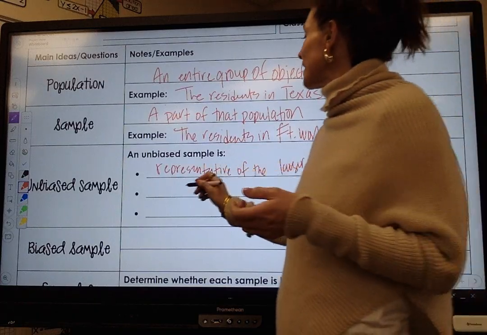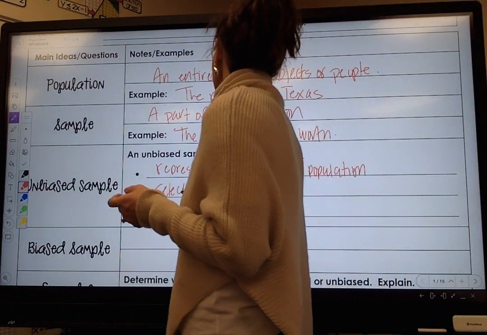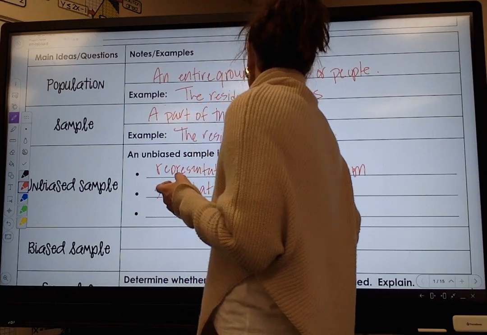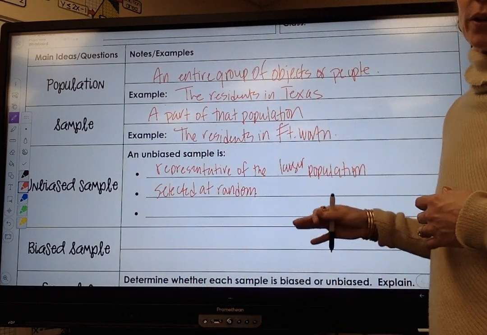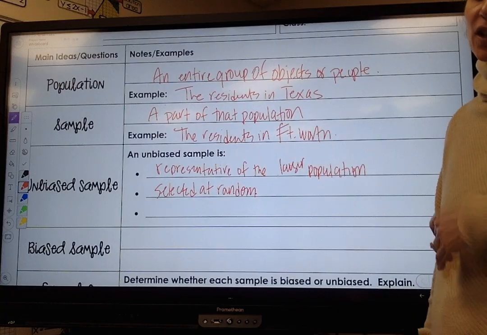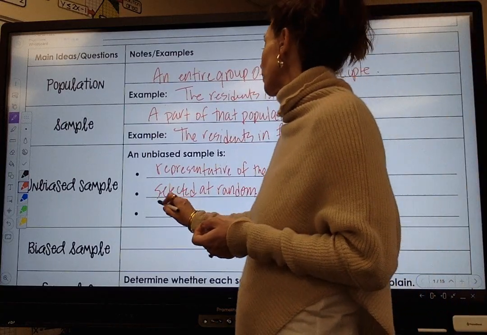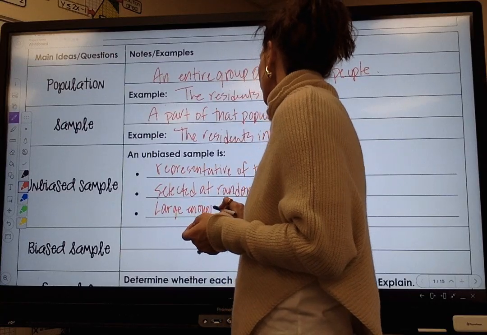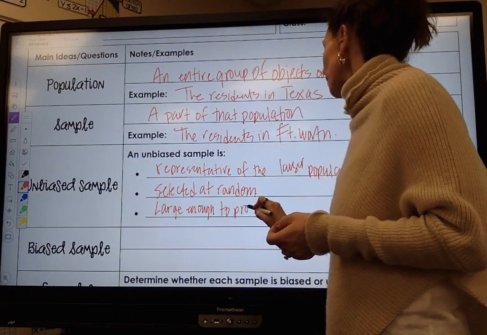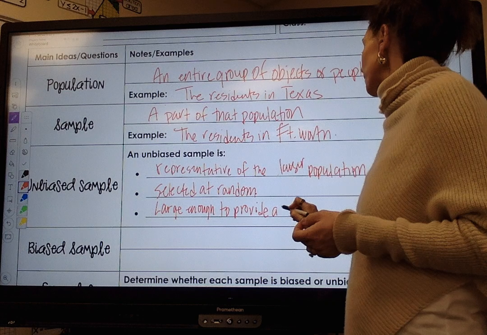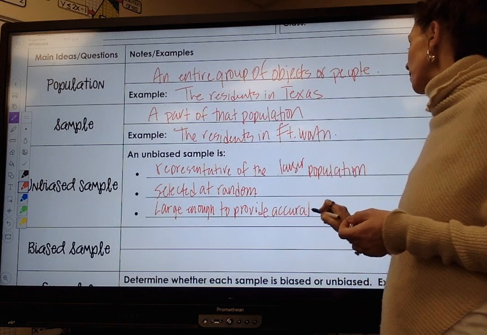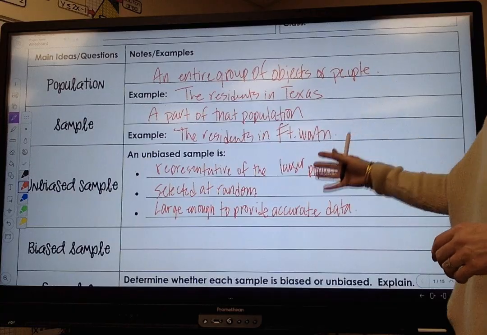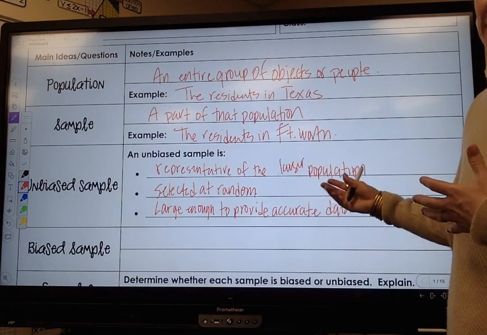The second thing is, is it selected at random? And the third thing you look at when you're looking at unbiased sampling is, is it large enough to provide accurate data? Okay, so if that's unbiased sampling, what would be biased sampling?